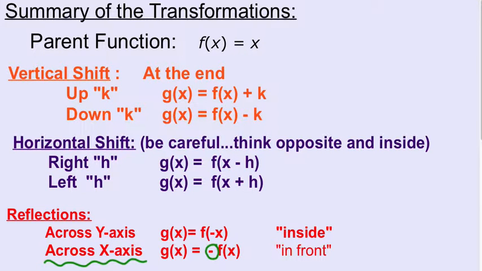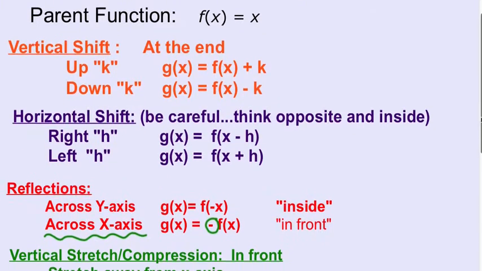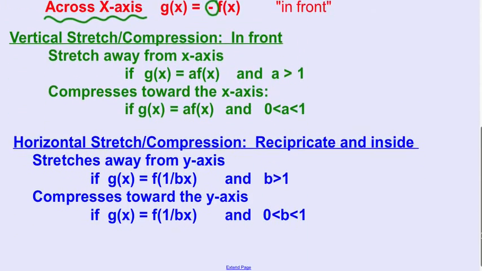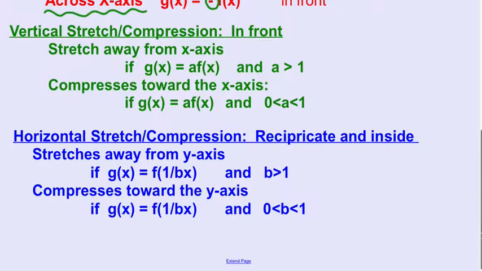So if we come back to our first slide, we're going to scroll down to the green section. Here is our a. It is greater than 1. So what we say is a vertical stretch by 4.